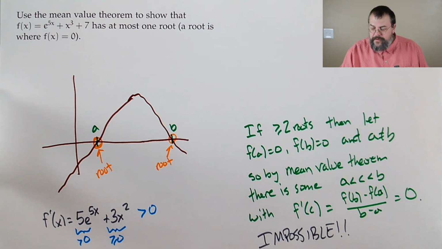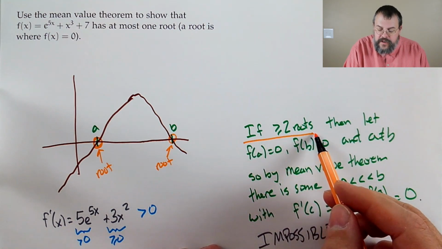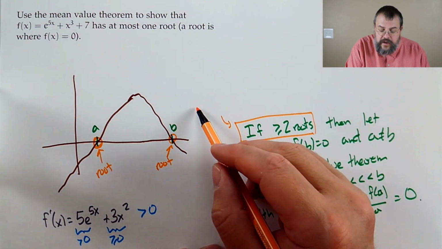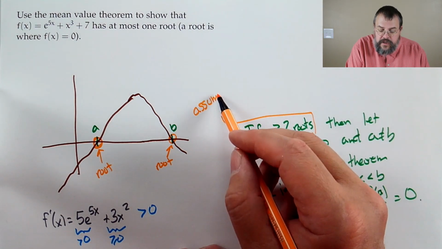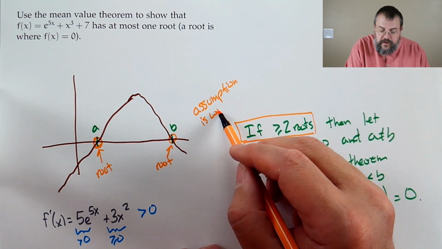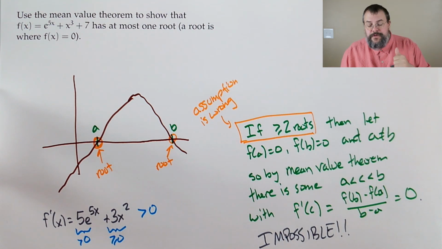Well, the flaw is somewhere we made a mistake. Our mistake was our assumption. So this must mean that this assumption is wrong, because everything else we did built off of that assumption. And so it's not the case there are two or more roots. That means there's at most one root.